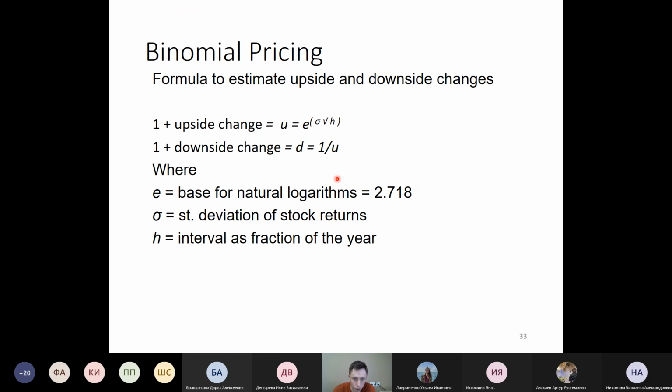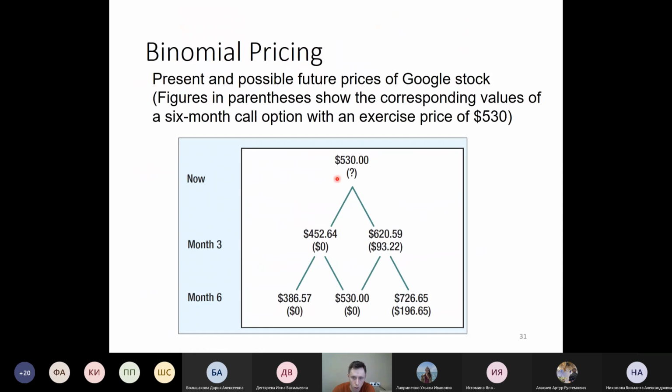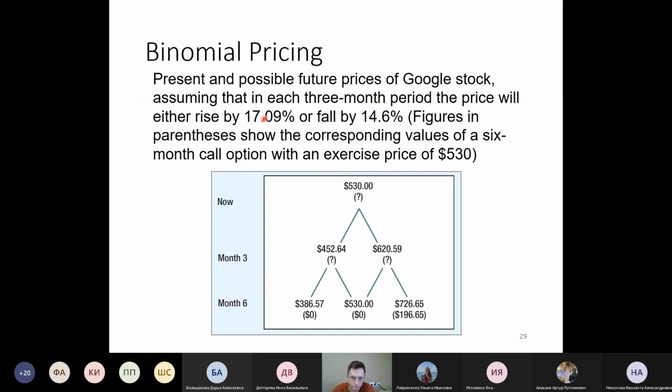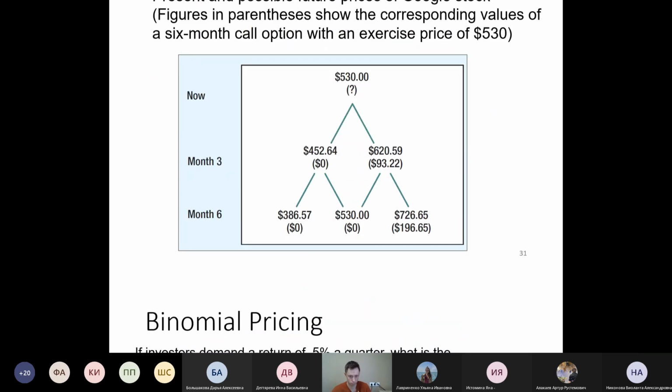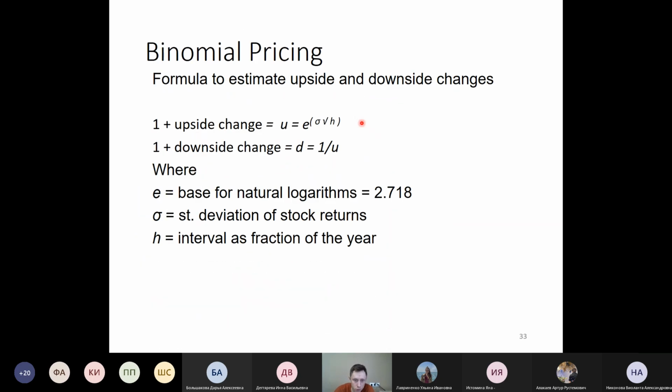And the formula, so we gave you initially the potential upside or downside. This is something that was included in the exercise. But we can estimate it using the historical data on the stocks in order to be well grounded.